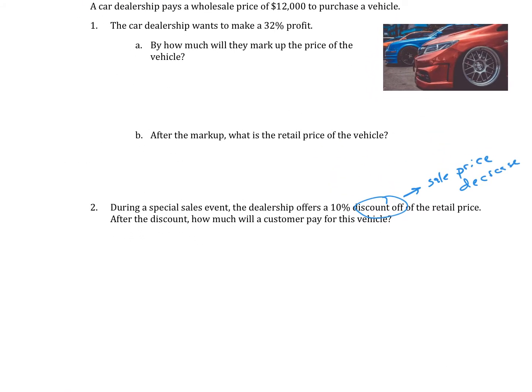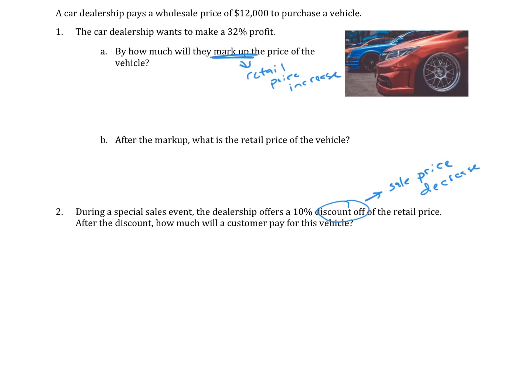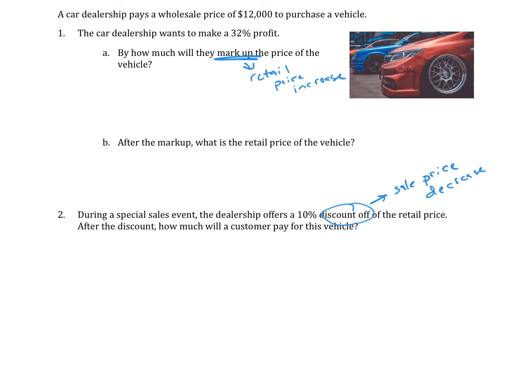The word markup is also being used. Markup is what companies do when they purchase items. They mark it up, and then they come up with the retail price. So this situation represents an increase. Go ahead, answer those 2 questions, and then once you're done, restart the video.